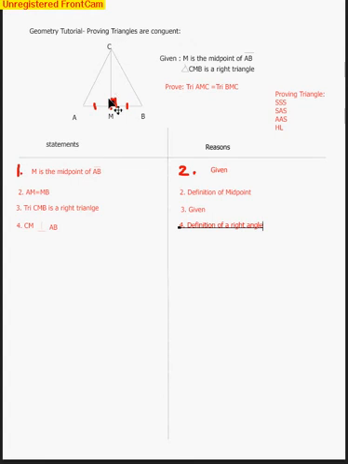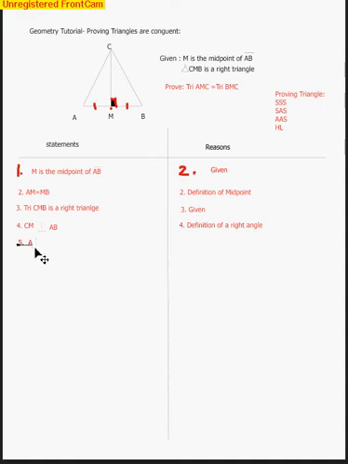If CM is perpendicular to AB, then we also know that the angle next to it is also a right angle. And there's a lot of ways to go about that. This is not the only way to say that.